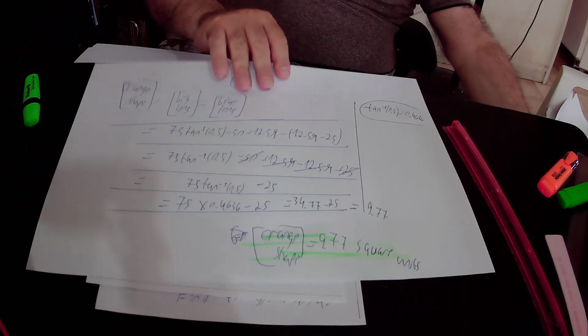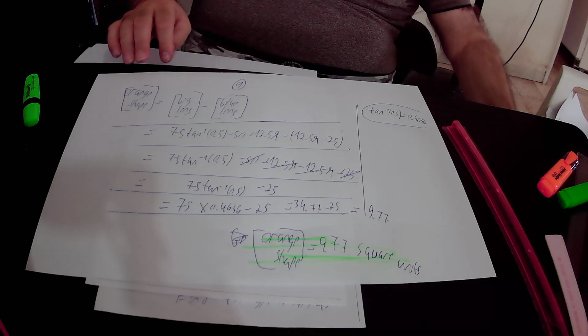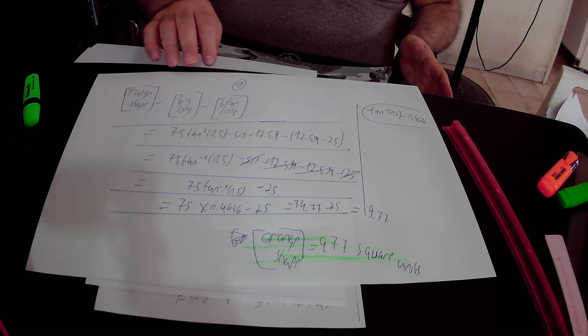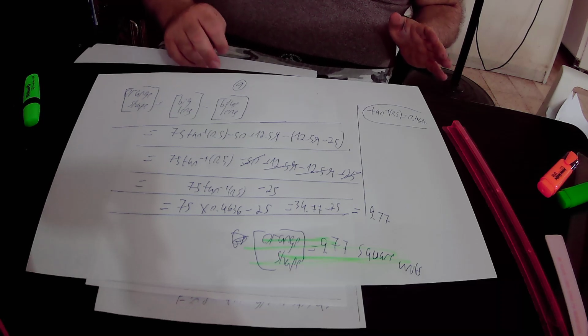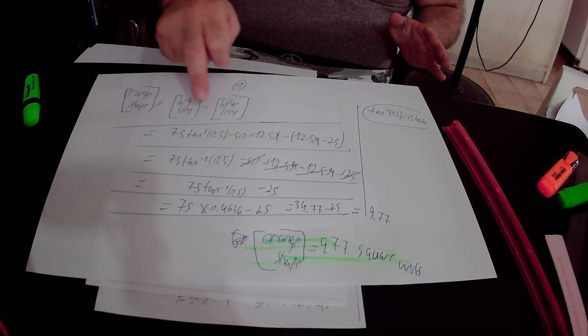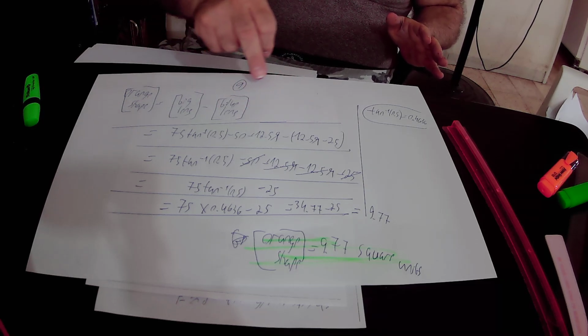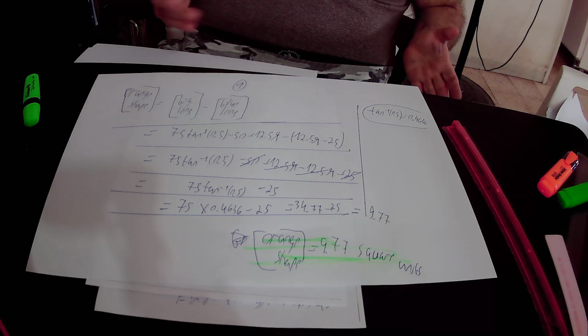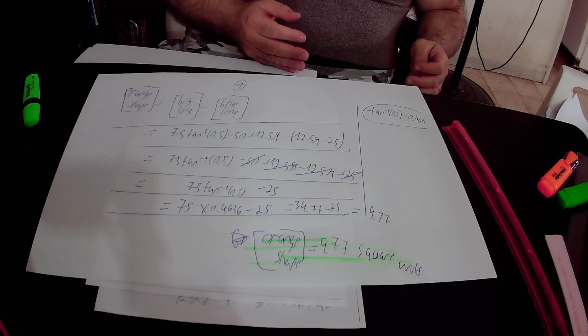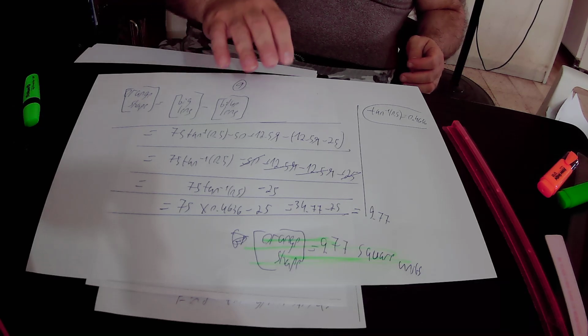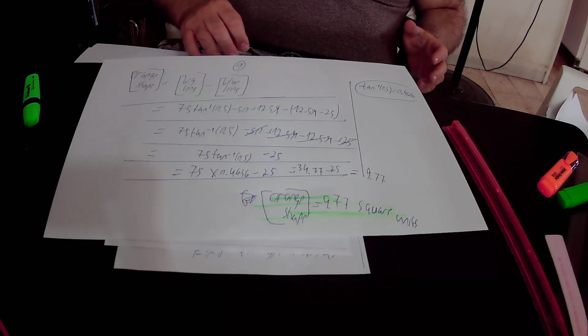And we subtracted, so the area of the orange shape equals the area of the big lens minus the area of the blue lens. We subtracted the two expressions from each other, and the result is the area of the orange shape, that is equal to 9.77 square units.